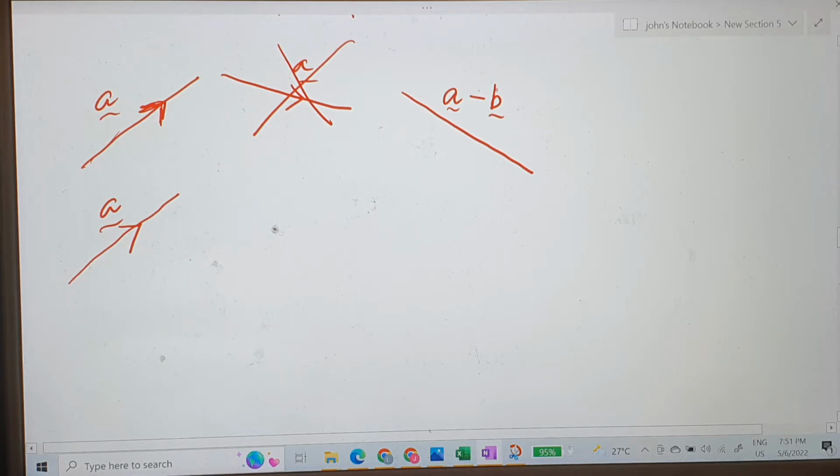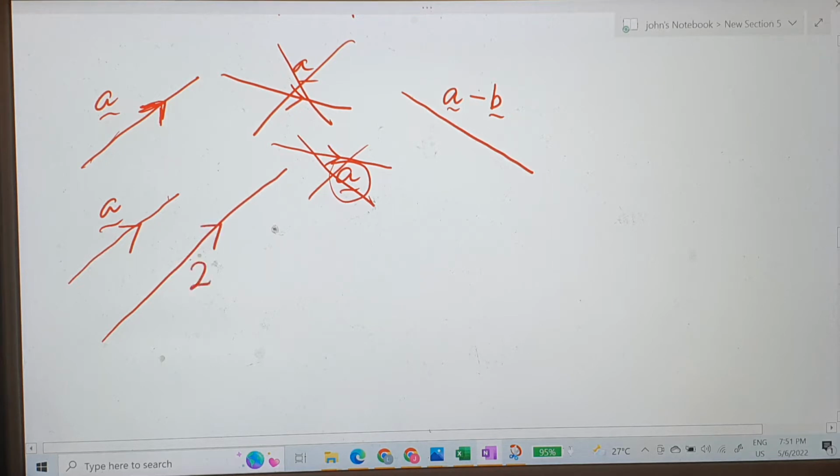It can be in terms of another vector, but it cannot be like I draw like that, and then I call this A. Cannot. If I want to draw vector A, then it has to be in this direction and having the same length.